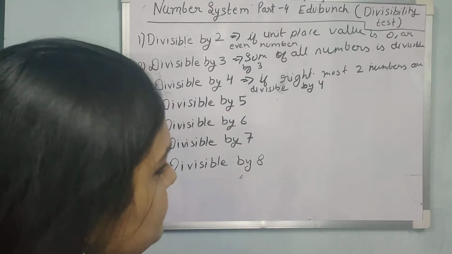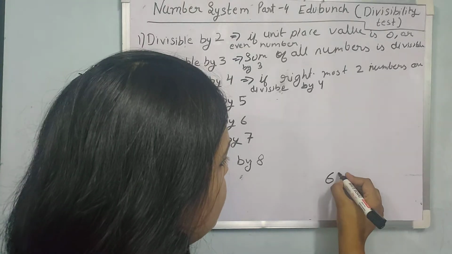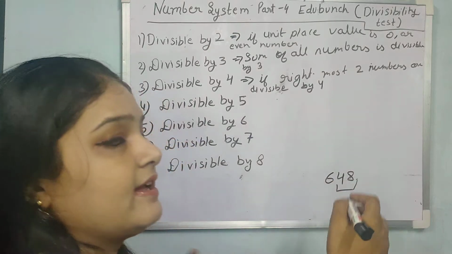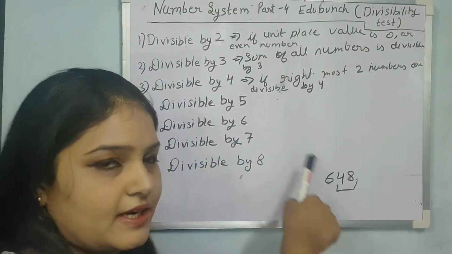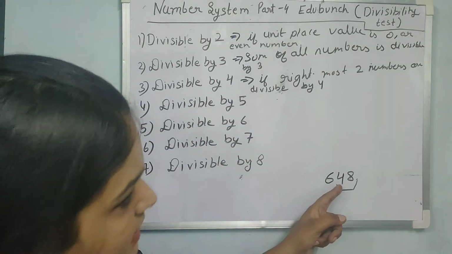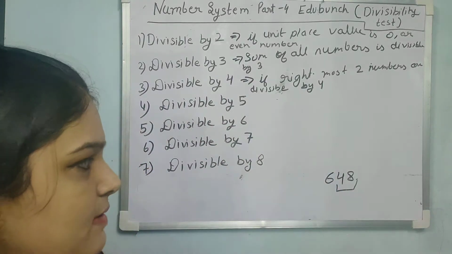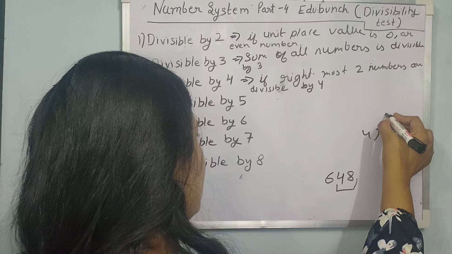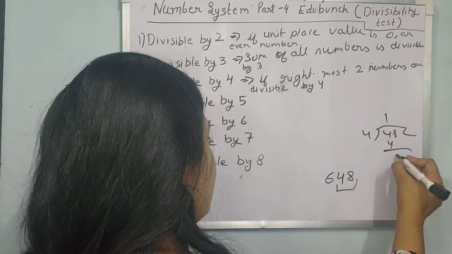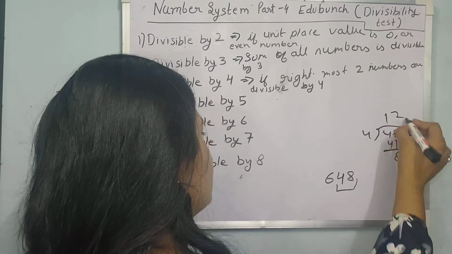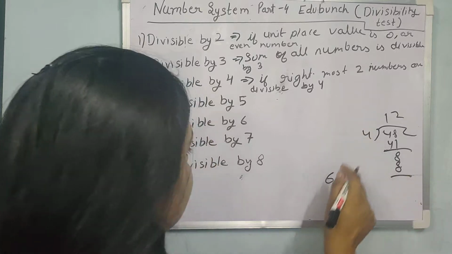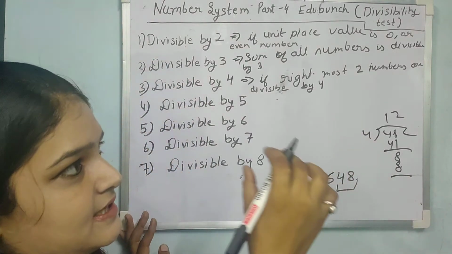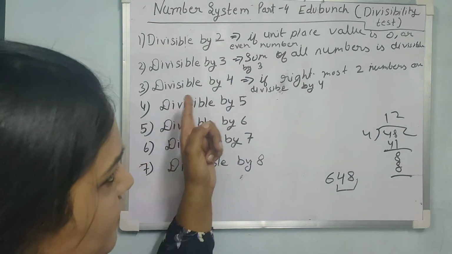For example, we have 648. Here 48 is divisible by 4, because 4 comes in the table of 4 and 8 is also in the table of 4. If you divide 48 by 4, 4 ones are 4, here 8, 4 twos are 8. So we can say 648 is completely divisible by 4.